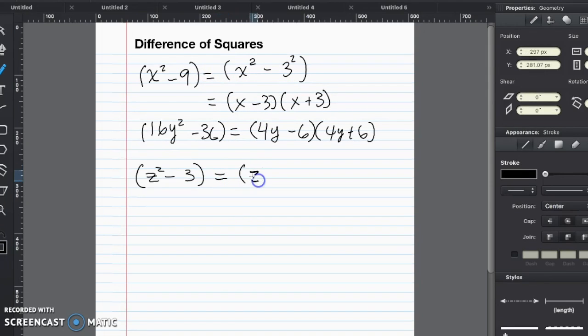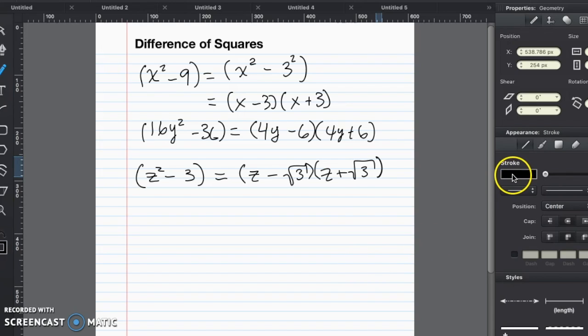So my first term is just z, and my second term should be the square root of 3. So you don't see this too often. However, if you do see it, and you're looking for x-intercepts, there you go. Instead of using the quadratic formula, I can find it instantly. And that makes it very, very useful for us, okay?